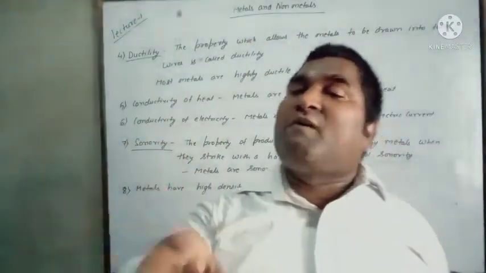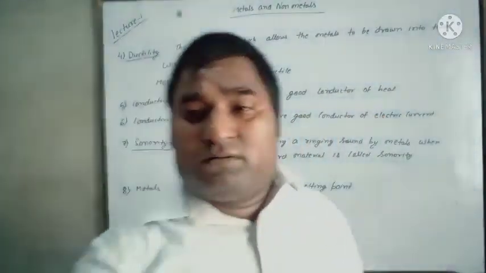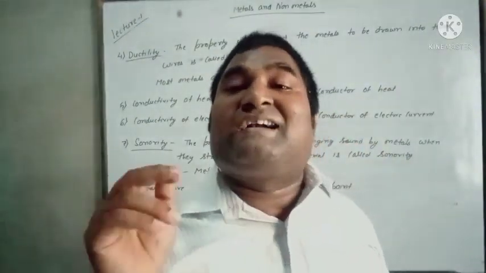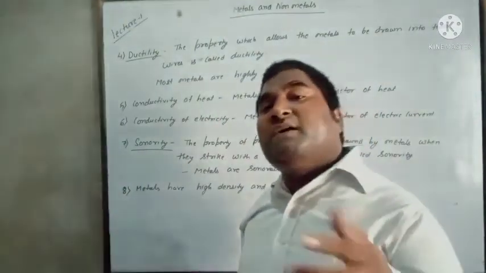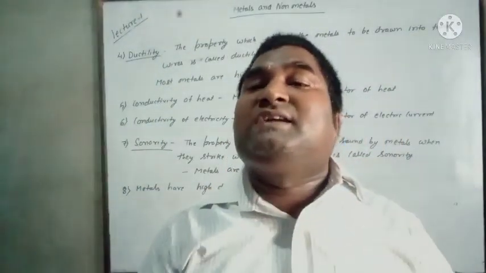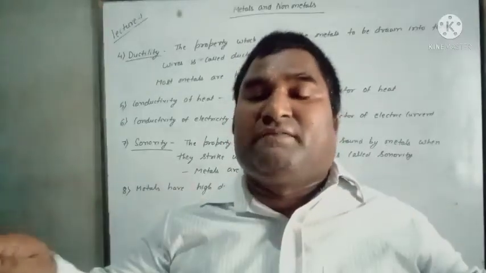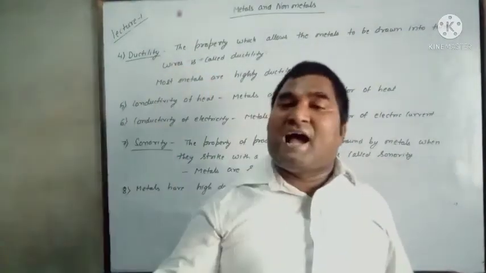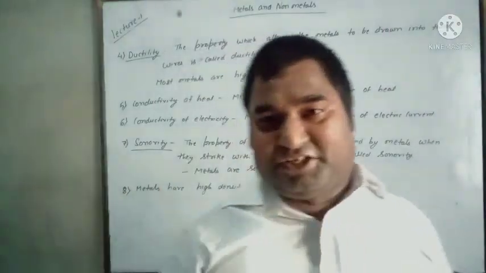So non-metals are found in 3 states. दूसरा पॉइंट क्या बोले थे हम लोग? Lustrous. So metals are lustrous but non-metals are dull. वो उतना चमकता नहीं है। तीसरा पॉइंट बोले malleable, एंड चौथा पॉइंट बोले ductility. Means metals are malleable and ductile, but non-metals cannot be stretched into thin wire. When you hammer the non-metal it will break. So non-metals are brittle in nature.